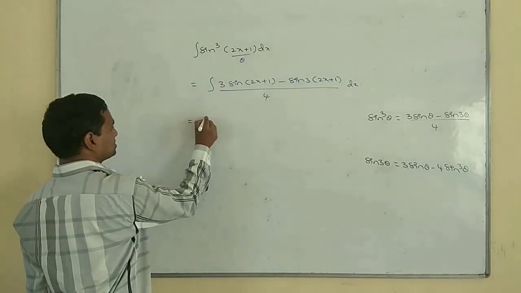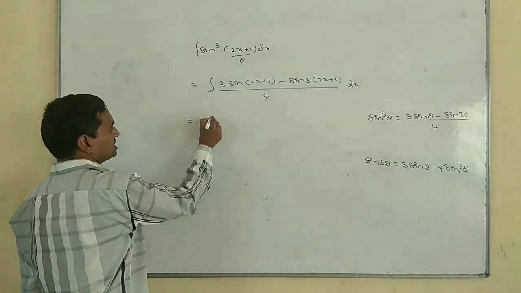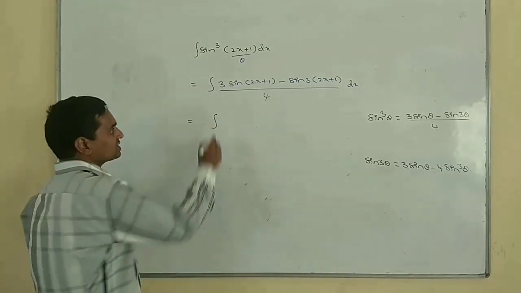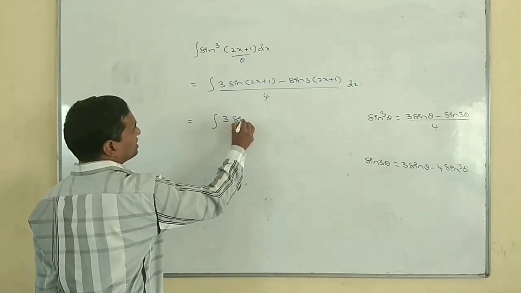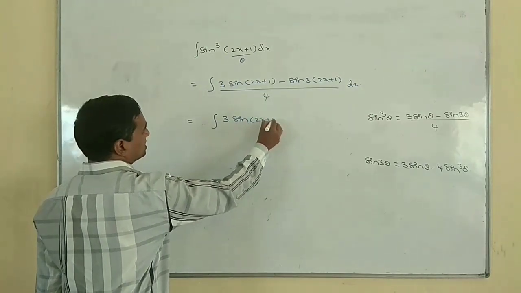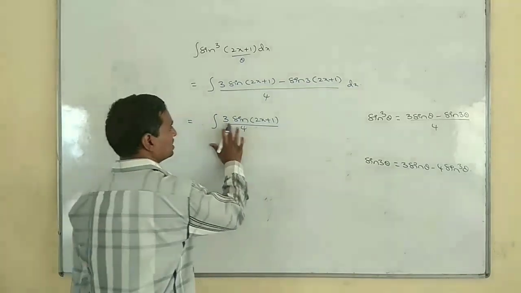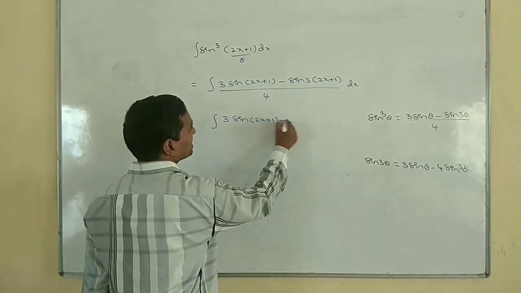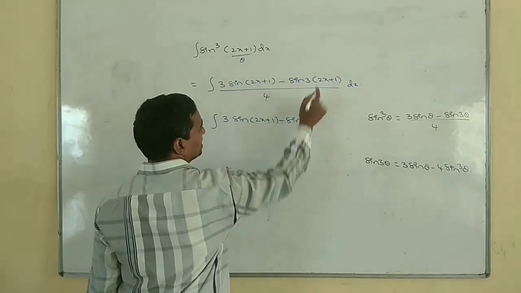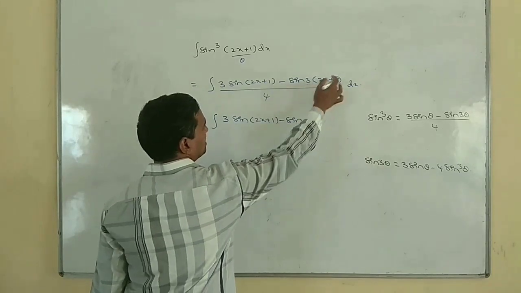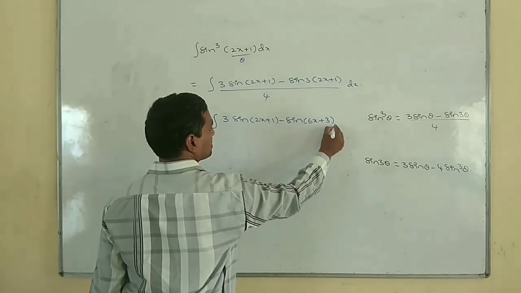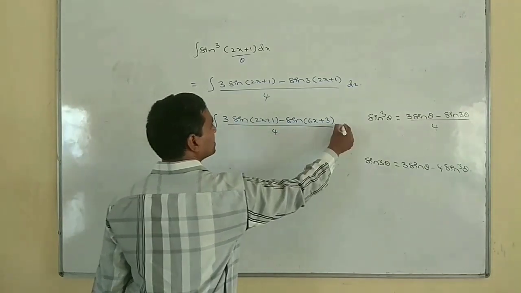Now the 1 by 4 can be split out. 3 into sin of 2x plus 1, by 4, minus sin of 3 into 2x, that is 6x, 3 into 1 that is 3, whole divided by 4 dx.